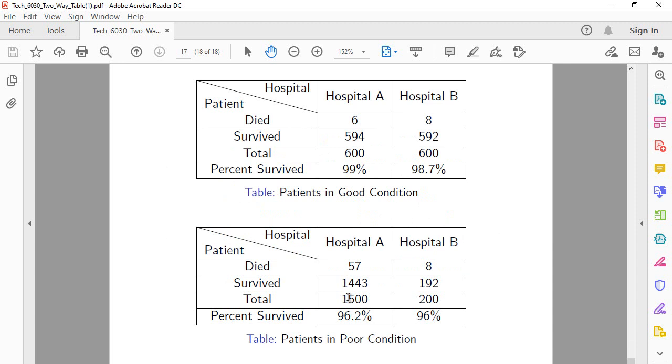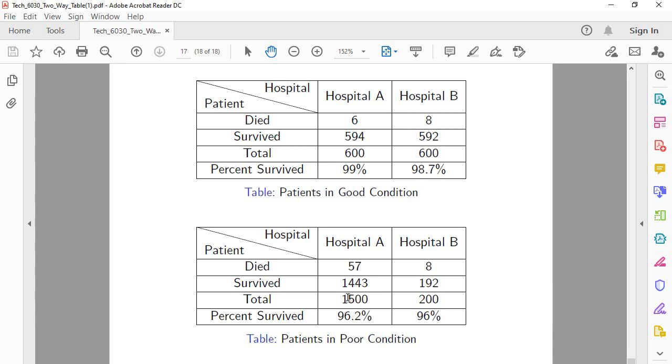But if we divide the patients into two groups according to poor or good condition, then we see that the relationship reverses. That is, now hospital A seems to have better survival rate. Okay, so this is what is known as Simpson's paradox.